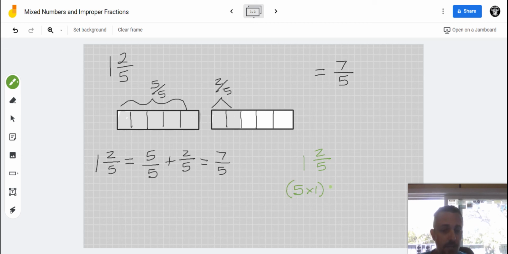And then you add your numerator, plus 2. Your denominator never changes in that process. You say 5 times 1 is 5, plus 2 is 7. And so you get your numerator of 7 and your denominator of 5. So that is another way to change a mixed number into an improper fraction.